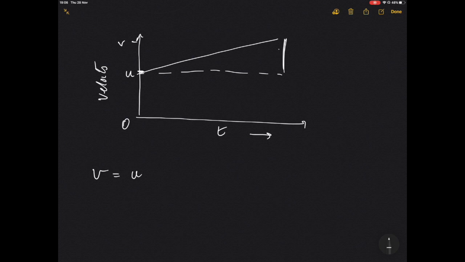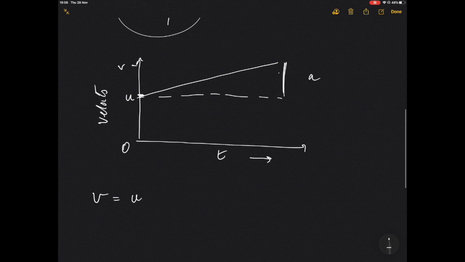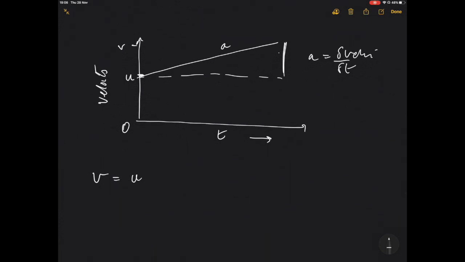This is a change, it's a gradient, or what we showed, that a equals dv by dt. So clearly, all that our gradient is here is a, and that means we have a time component here, so that must be u plus a multiplied by t.